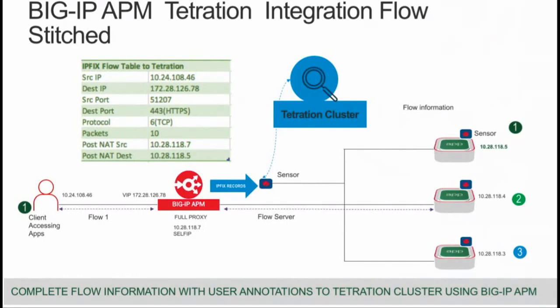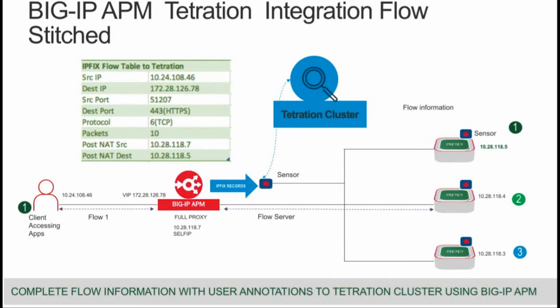It can also be LTM because we are sending the same information at this stage. The BIG-IP is sending IPFIX information to the Tetration sensor, which sends all the information back to the Tetration cluster for analytics.